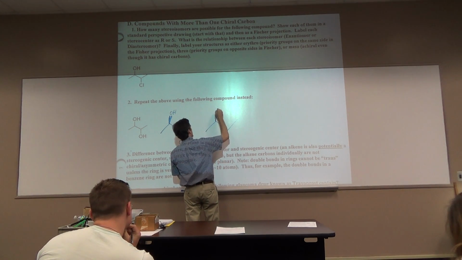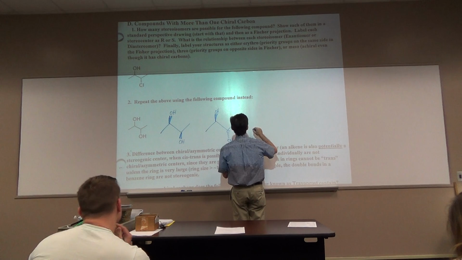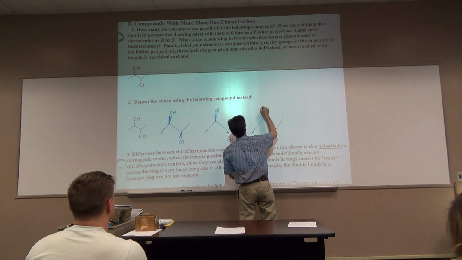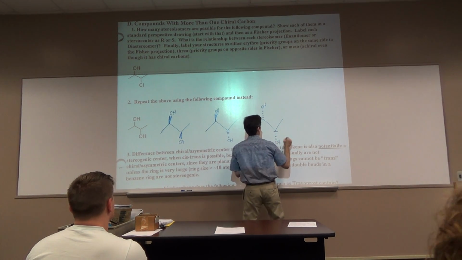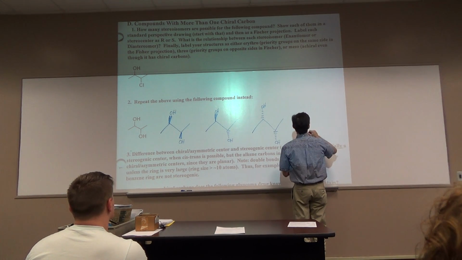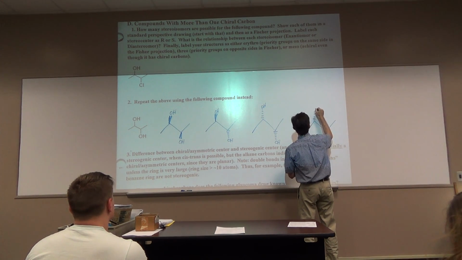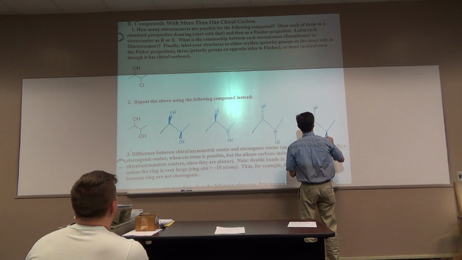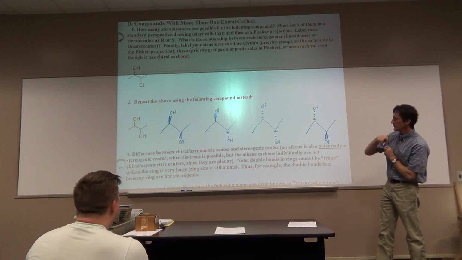Okay, so this must have been bold, and the chlorine was dash, and we'll make the OH dash. And then we could have one that's dashed and one that's bold.